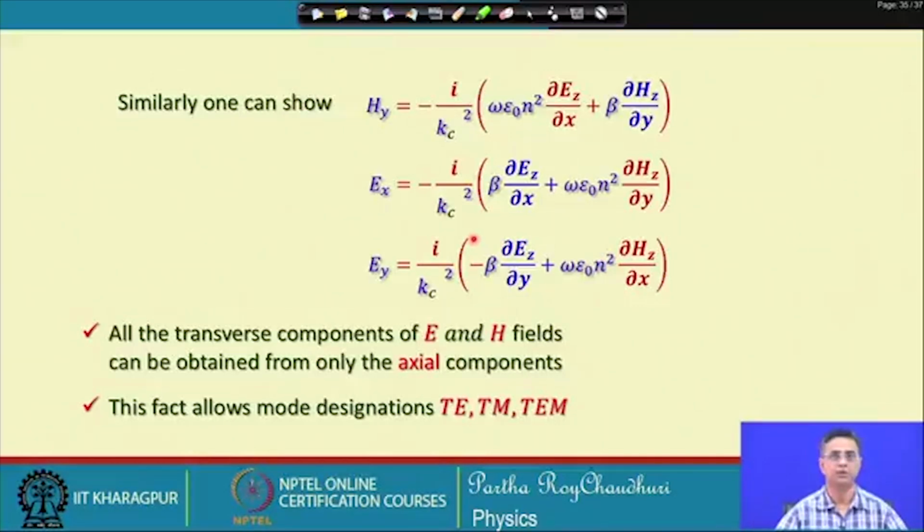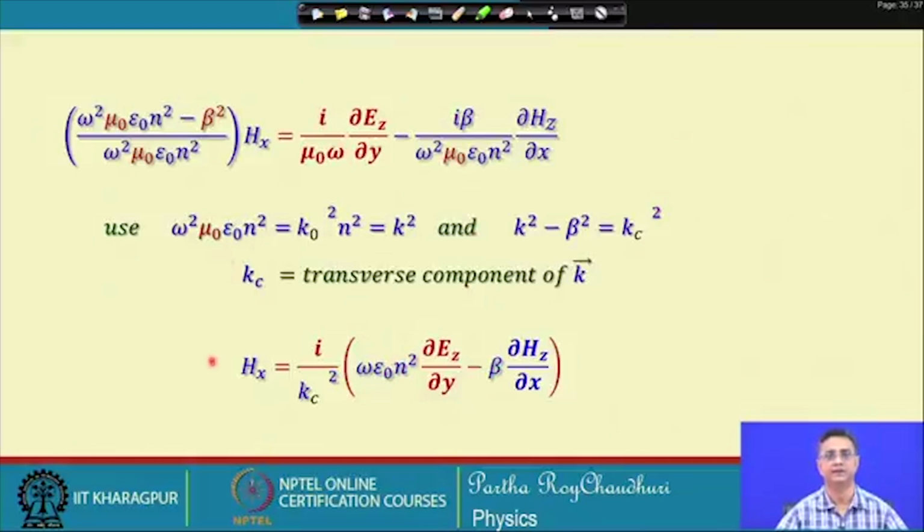Now, one interesting point here is that by doing this we have been able to express the transverse components of the electric and magnetic fields, that is H x, H y, E x, E y, all these 4 transverse components, which are now represented individually by only the longitudinal components, that is E z and H z, in some form.